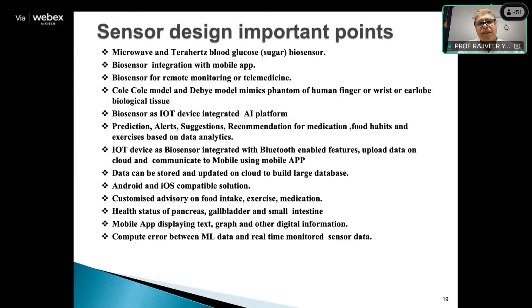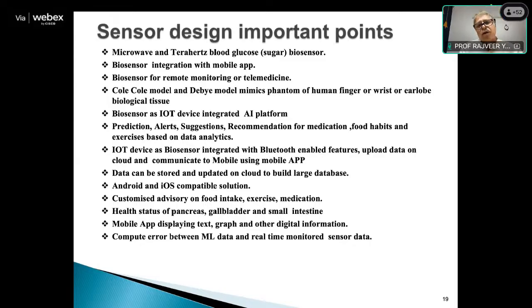Biosensors integrated with mobile help will definitely give you remote connectivity and remote monitoring. Biosensor for remote monitoring as well as telemedicine. Yeah, this is very important.